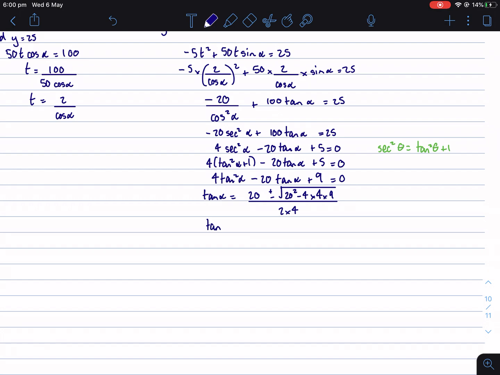So tan alpha equals 20 plus or minus root 256 over 8. Root 256 is 16, isn't it? 20 plus or minus 16 over 8. So we've got 9 over 2 and a half.